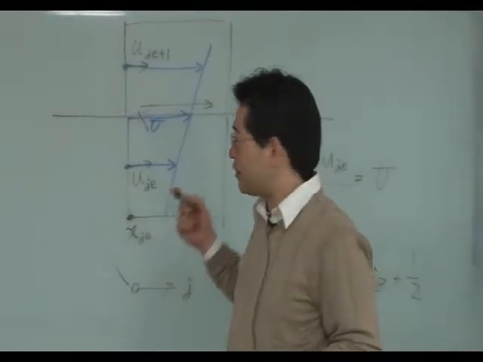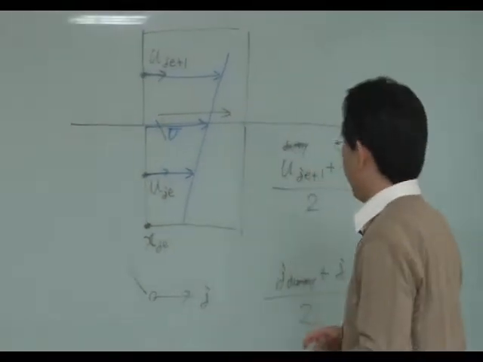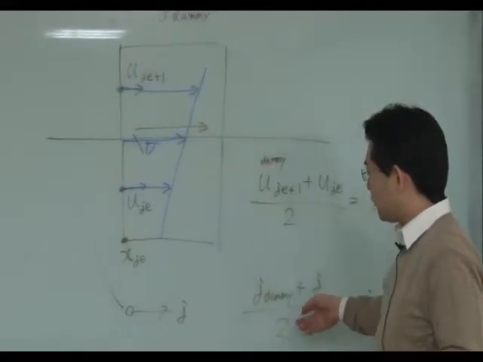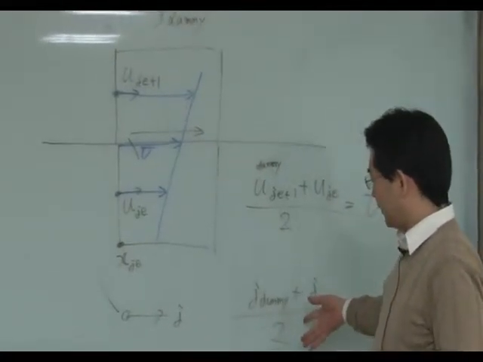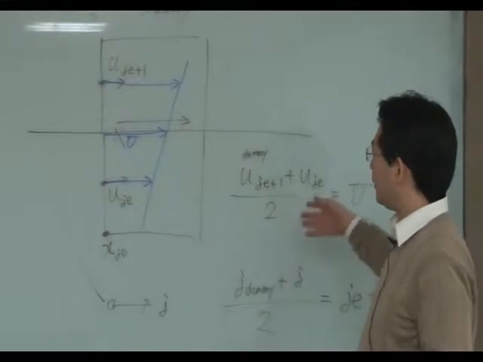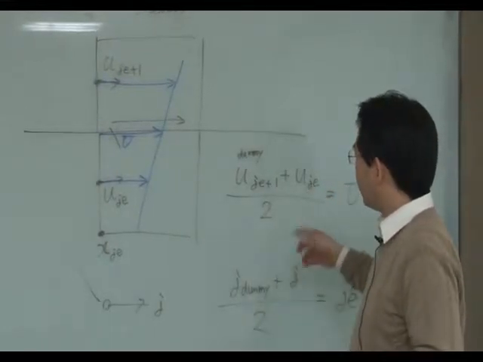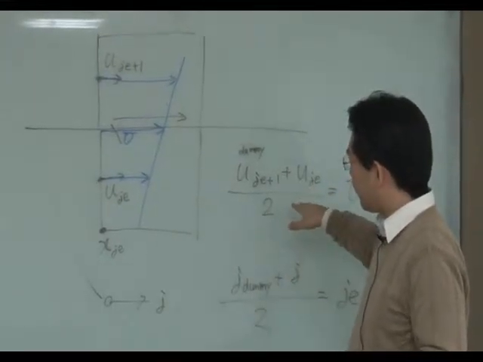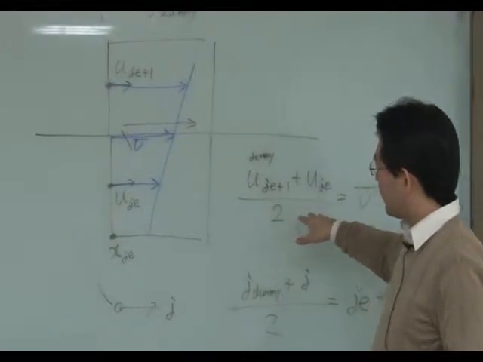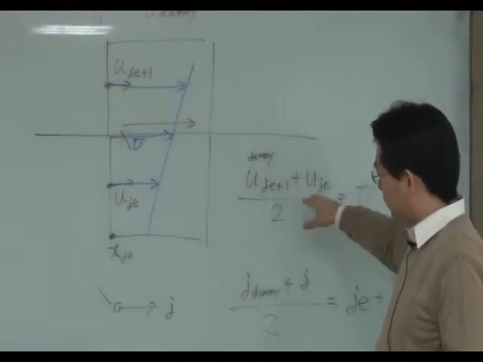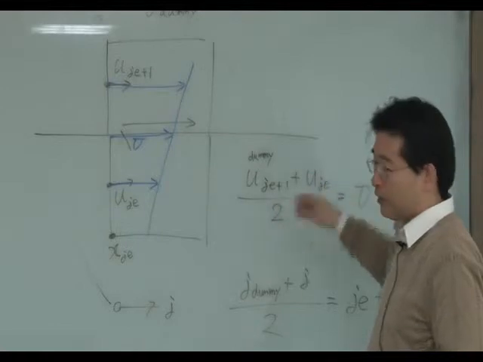So from these two conditions, you can find the counterpart dummy point's index, and also you can get the velocity of the dummy point in a similar equation.